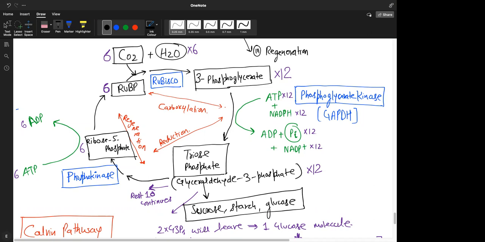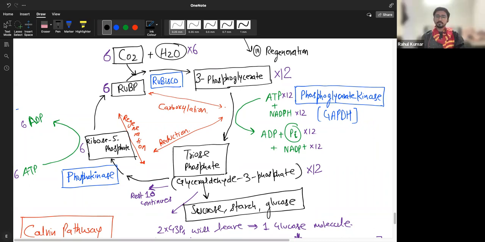Then reduction takes place, in which we use the ATP and NADPH, 12 each, and they are converted into ADP, inorganic phosphate, and NADP plus. And after reduction, the product is glyceraldehyde 3-phosphate. Yes, it is a triose phosphate because it has 3 carbon. So we have not changed the number of carbon.